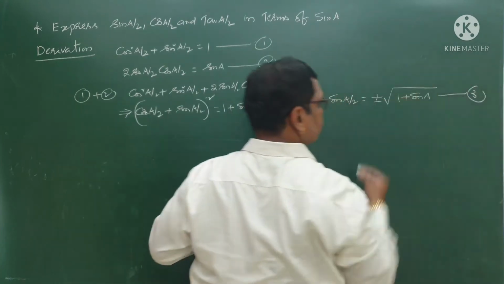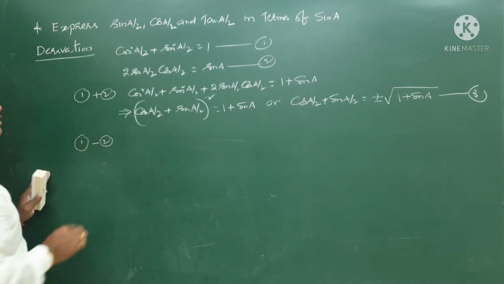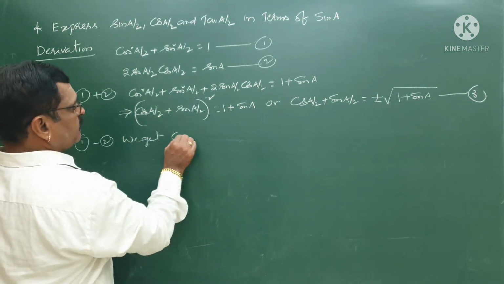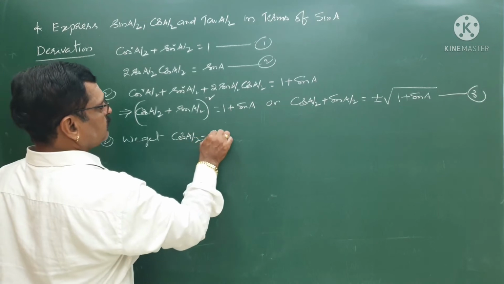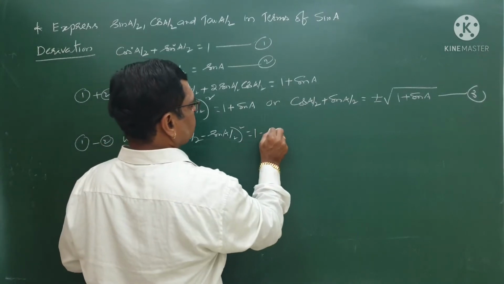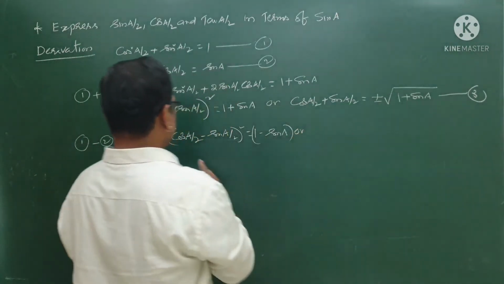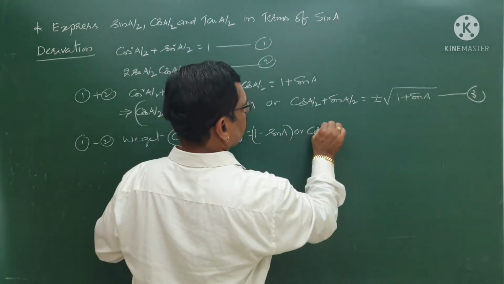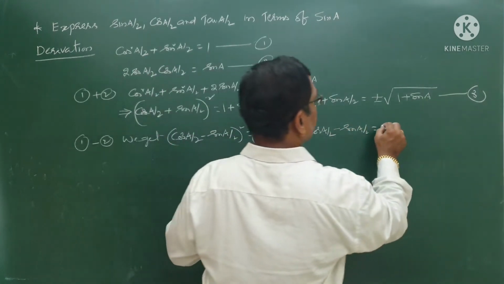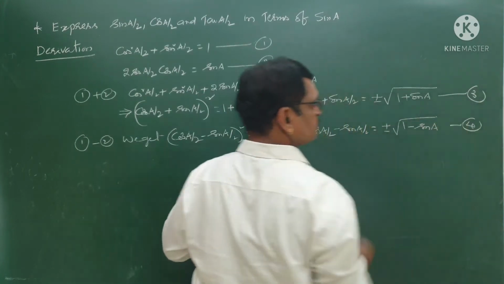Let this be 3. Now next, if you subtract 2 from 1, we get cos A by 2 minus sin A by 2 whole square is equal to 1 minus sin A. Therefore, we have cos A by 2 minus sin A by 2 is equal to plus or minus under root of 1 minus sin A. Let this be 4.